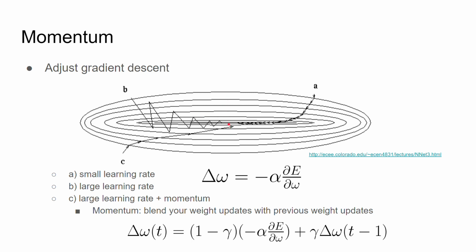The minimum of that error is, say, this point down here. These circles are like a topological map: all of these values have about the same error. This is like a big valley in the weight space. Initially we have this set of weights, and eventually, over the learning rule, we should converge on the best set of weights.